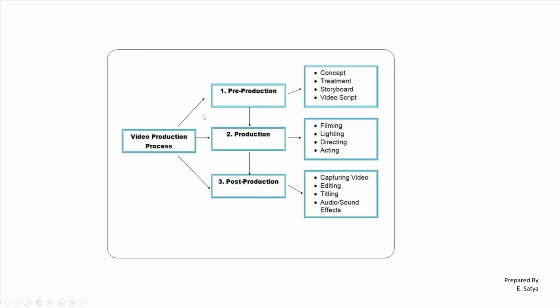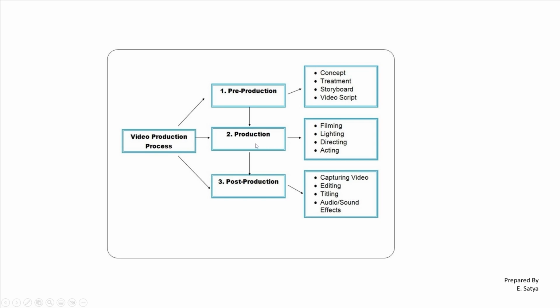See here, if you observe this table, we understand this video production process is divided mainly into three parts: pre-production, production and post-production. In pre-production, there is the concept, that means your story, whatever idea you can generate, and the treatment of the concept, and of course storyboard and video script.